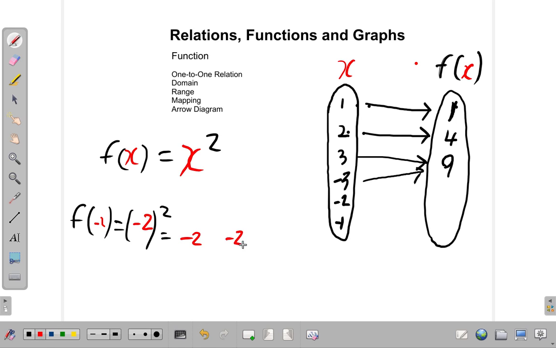Negative 2 multiplied by negative 2, and that gives us positive 4. Negative 2 is mapped onto, sometimes you see these dots appearing. They appear by error because of the drawing tablet that I'm using. Now, I have negative 2 being mapped onto 4. But the thing is, 4 is there already. So I can map negative 2 onto 4.